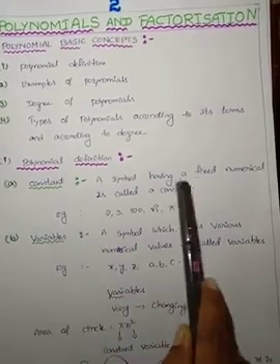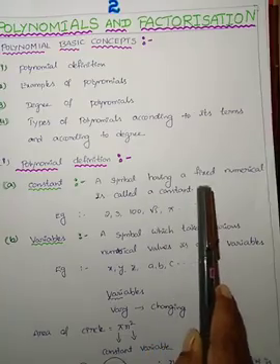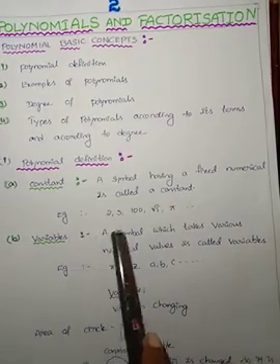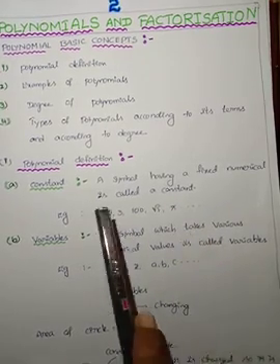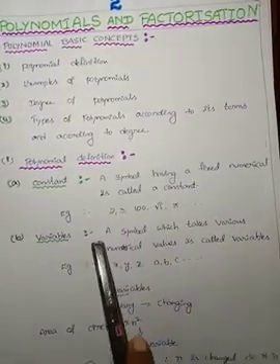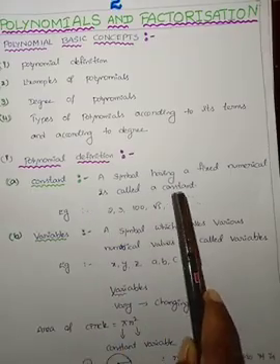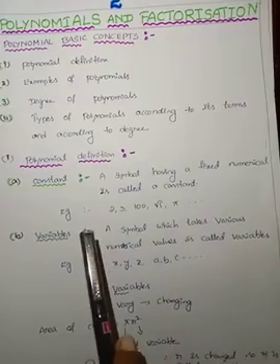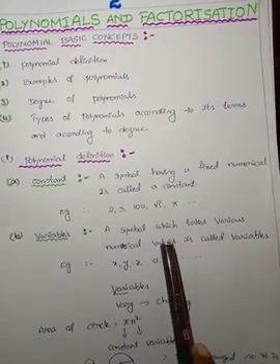A constant is a symbol having a fixed numerical value, which is not changed.